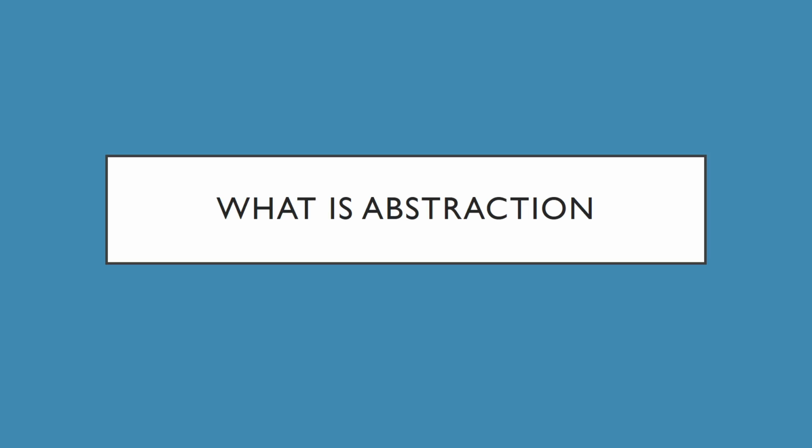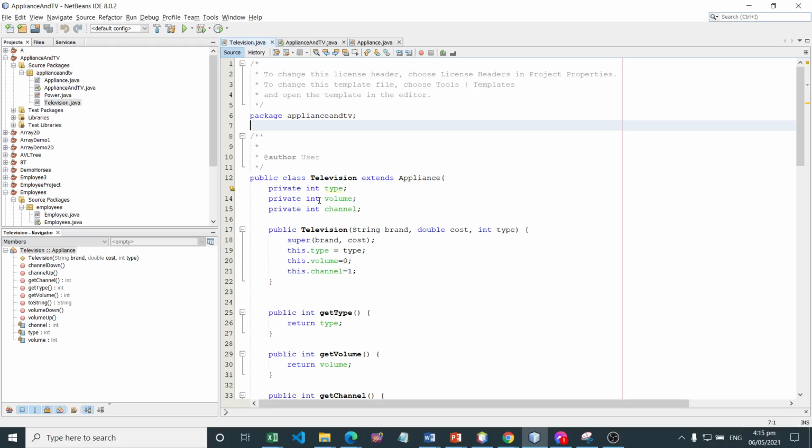There are too many appliances now, so it is best to implement an appliance class first. So we will just create a class for the appliance.